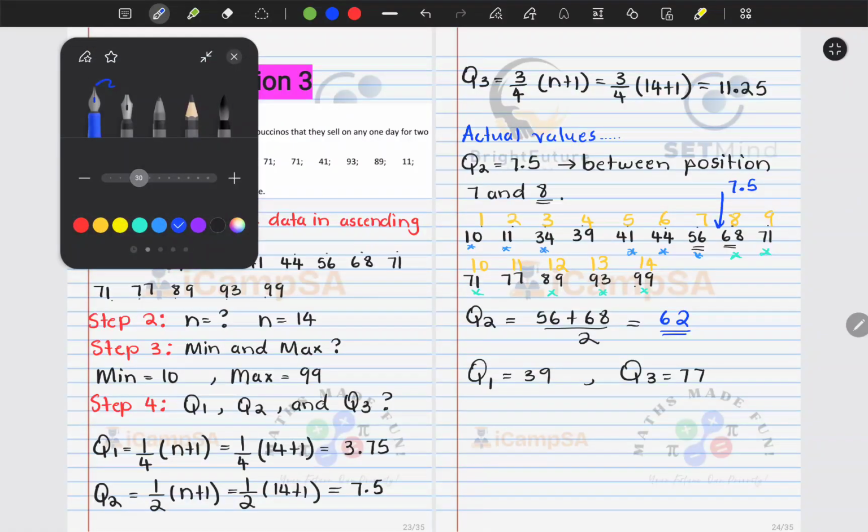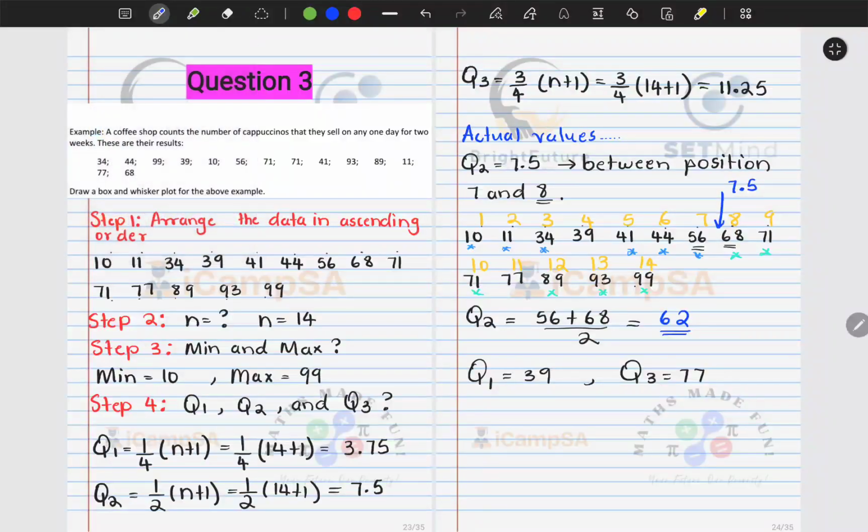Okay, so now that we have this, what we need to just figure out is our mean. Okay, so because our mean is going to tell us, is this going to be skewed to the left or is it going to be skewed to the right? So let's have a look at our mean, which is just that x bar. So it will just be the sum of the data divided by n. Okay, so let's go ahead and see what we do get. So we know that we have 14 days.